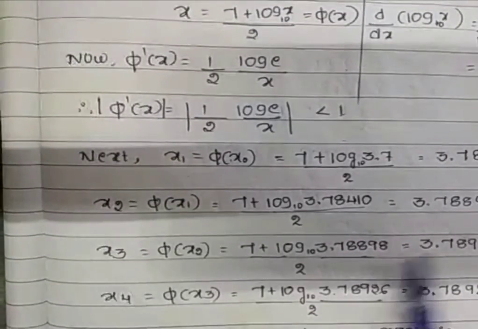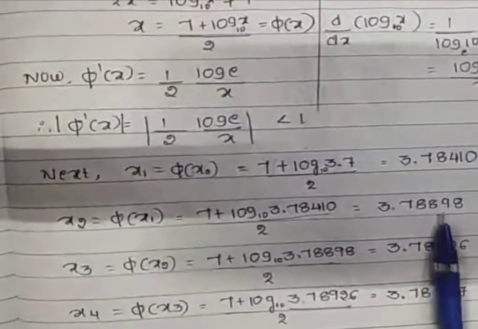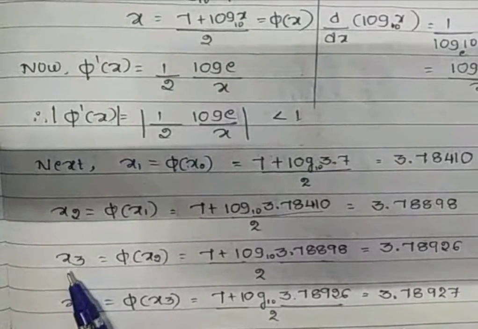It means the x2 answer is 3.78898. Then go for x3.